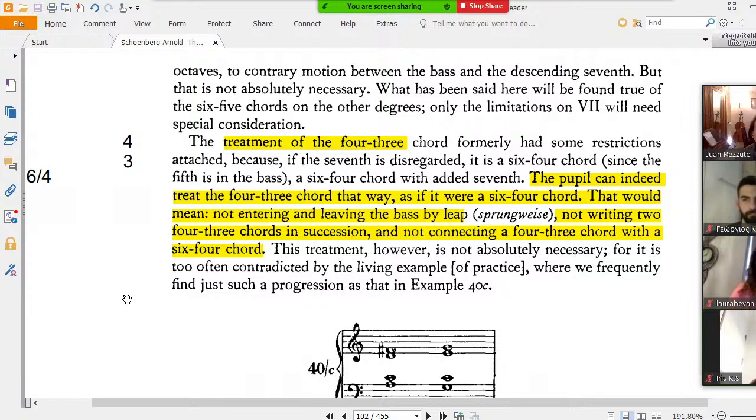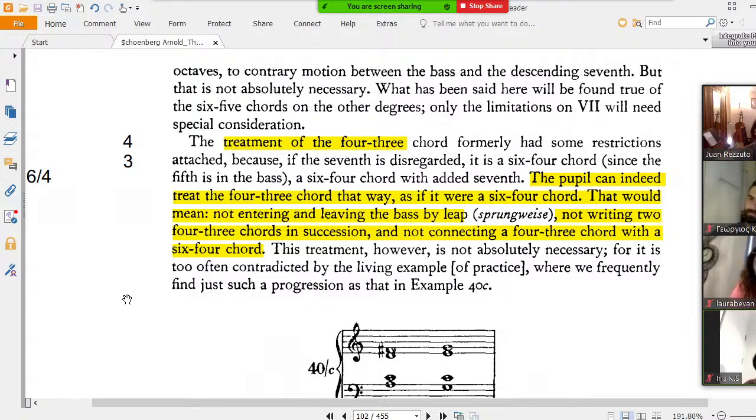That would mean not entering and leaving the bass by leap. Not writing 2 4/3 chords in succession, please, I beg you. I don't do that. And not connecting a 4/3 chord with a 6/4 chord because they're considered to be the same function-wise.